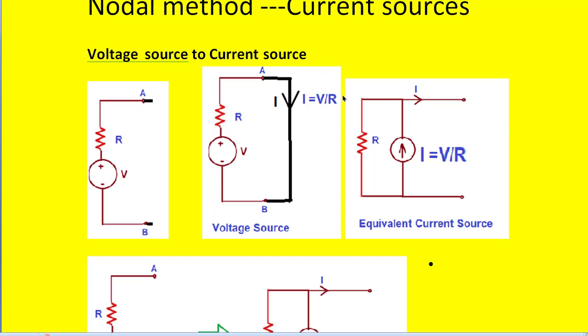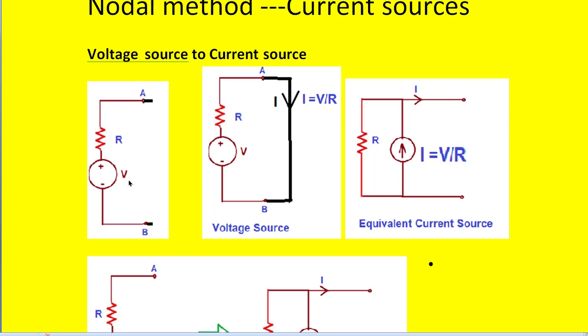So let us see the voltage source representation. Here voltage source and current source representations mean the practical voltage source representation and current source representation. If the voltage source is connected in series with a resistance across two terminals, then that is the symbol for the voltage source, like this.